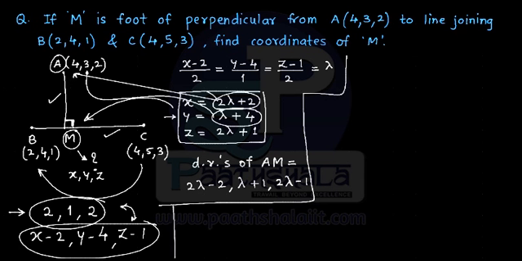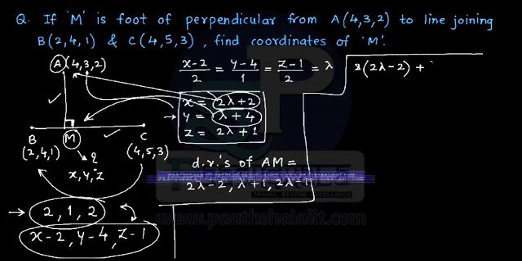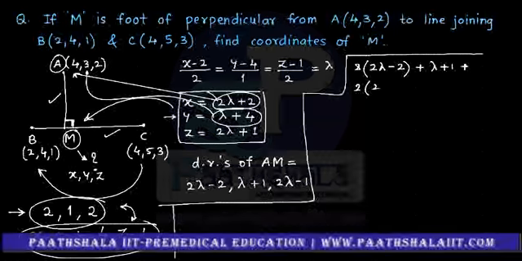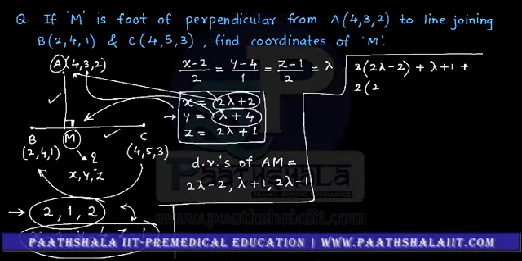So therefore we have 2 into 2 lambda minus 2, plus 1 into lambda plus 1, so therefore that is nothing but lambda plus 1, and lastly plus 2 into 2 lambda minus 1, equal to 0.